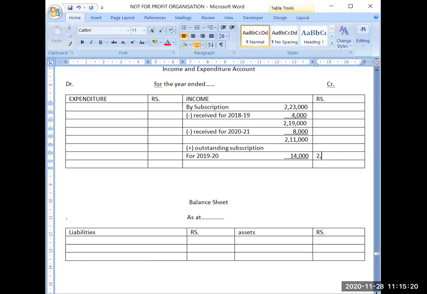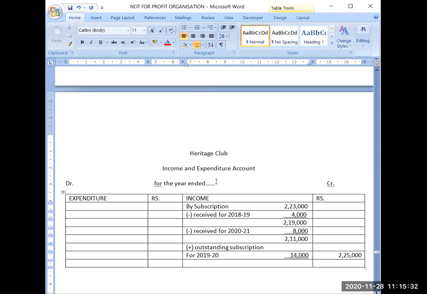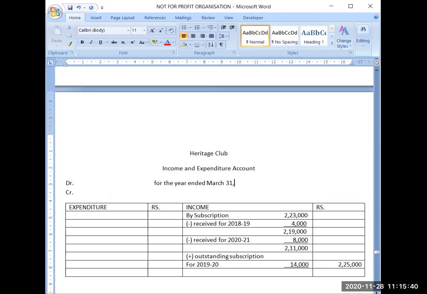So it will become 2,25,000. It is income and expenditure account for the year ended March 31, 2020. And I hope this point is clear now.